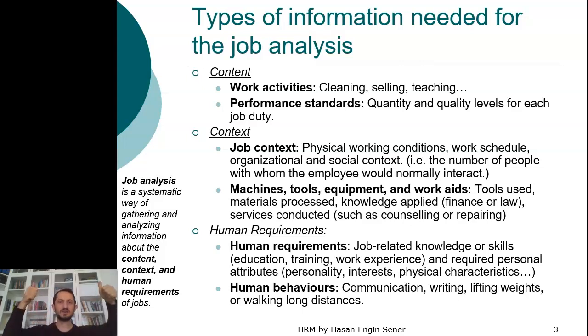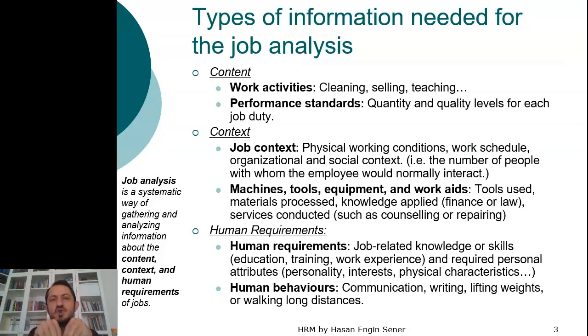Content, context. Human requirements. What kind of a person are you looking for? What kind of knowledge are you looking for? What kind of skill are you looking for? What will be job-related knowledge or skills? What will be the characteristics? Physical characteristics? Emotional characteristics?